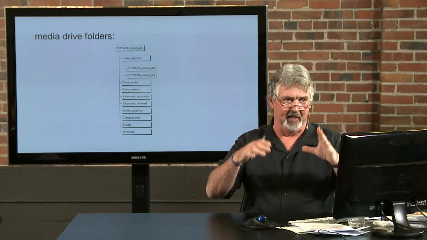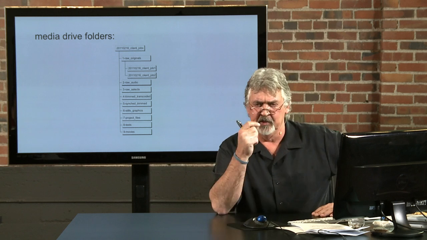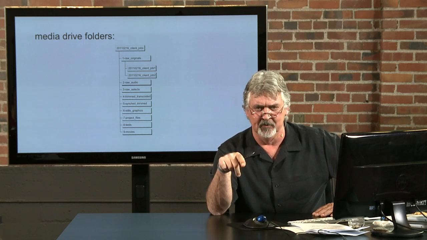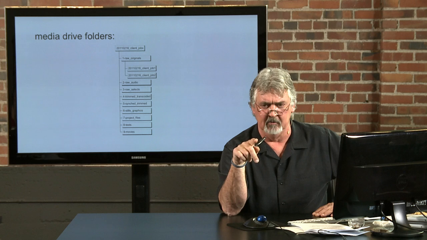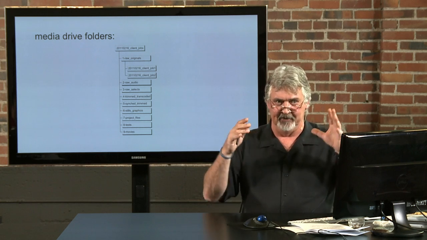I used to just throw them into my big job folder, and then pretty soon it was, okay, which one was the test and which one was the real one, and which one's the project file, and I started getting really balled up. So I knew I had to stop and say, okay, I got to take control of this and get this nailed down. This may seem a little anal, but it works.